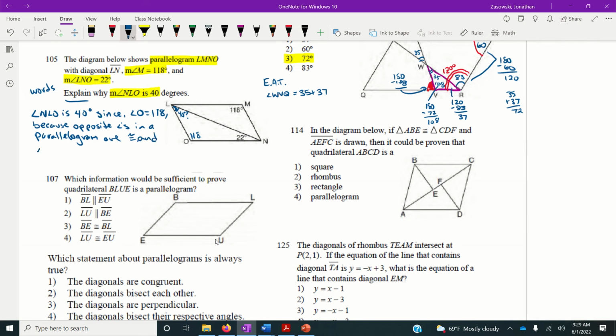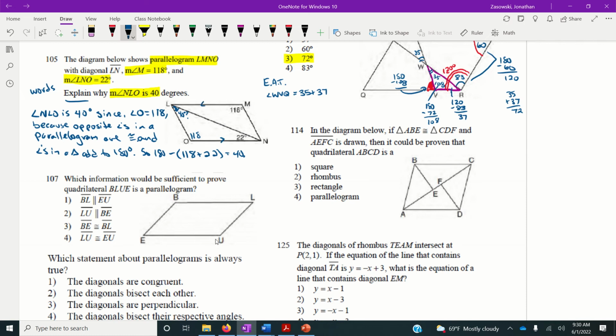And the angles in a triangle add to 180 degrees. So 180 minus the sum of 118 plus 22 is equal to 40. Would be enough.